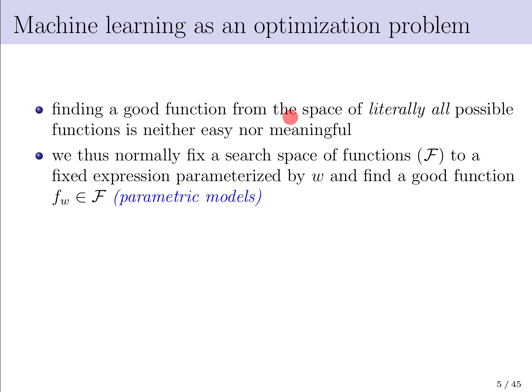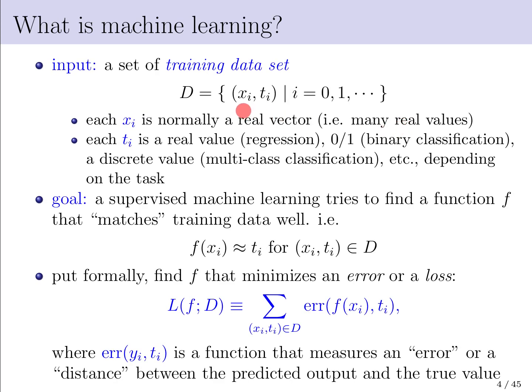But somewhat more importantly, it is actually not very meaningful if you search the entire space of functions, because you can easily find a function that returns exactly ti for each of the given samples in the given data set, but returns meaningless or random values for any value outside this training data set.